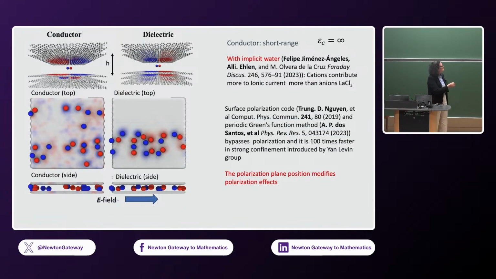This is just a simple example, not as complicated as the calculations you did, but to calculate the conductor, the electric in graphene, if you have, the people must remember this, if you have a conductor and you have a charge, the image charge is of the opposite sign. So it's screened very strongly.